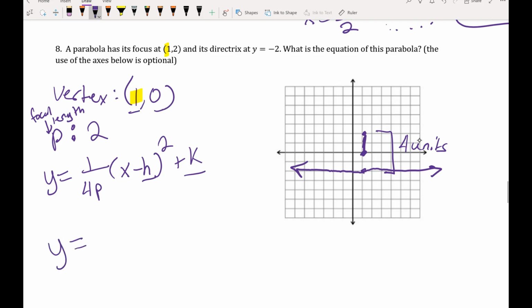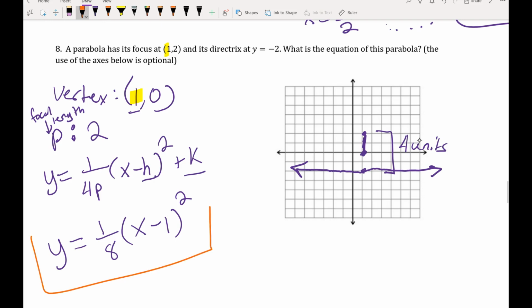As I'm plugging in, I get 1 over 4 times 2, which is 8, times x minus 1 squared, and now my y-coordinate of my vertex is 0, so if I add 0 to a number or an equation, it's not going to change the value. So I'm just going to leave that part off. This would be what my final answer looks like here. If I go to sketch it, my parabola is just going to look something like this.